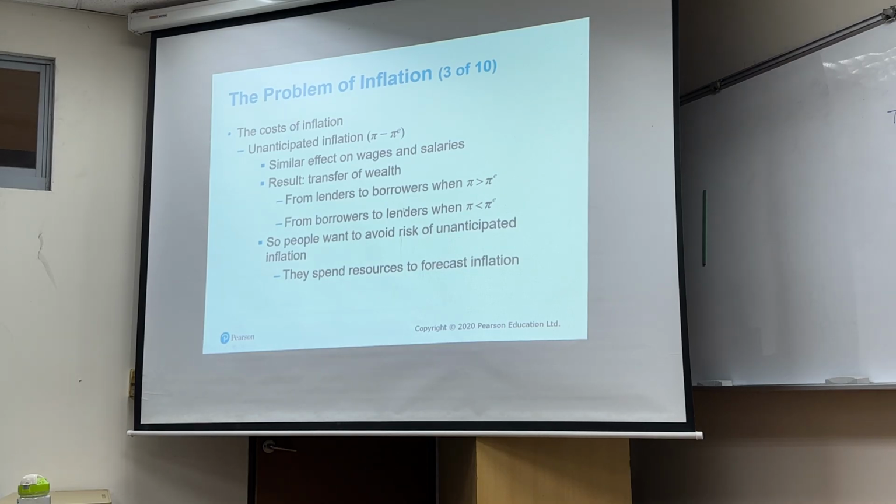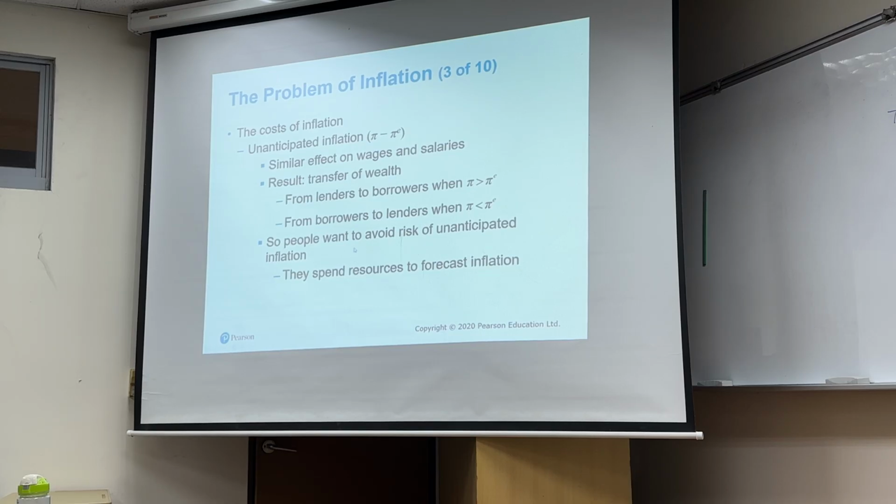Because of inflation, now you don't have to work as hard. With less output you can get more revenue, and because of that, you get benefits. But for lenders, it is the opposite.